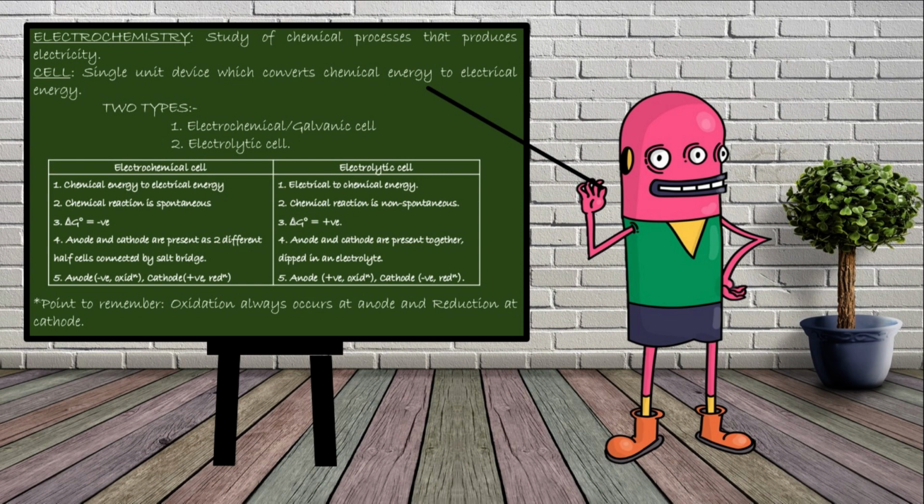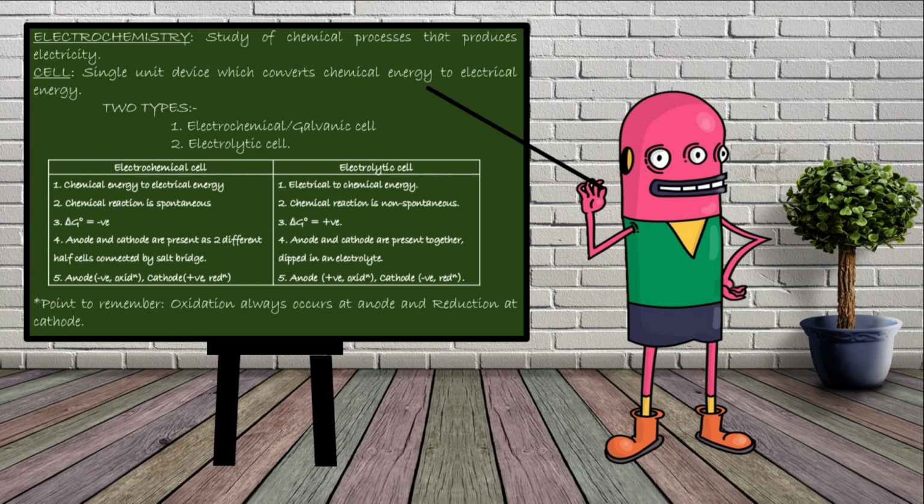This is so because, in an electrolytic cell, we provide electricity as the input for which the chemical reaction is happening. Which means that the chemical reaction is not happening on its own. For a spontaneous reaction, delta G value, that is, Gibbs free energy, is negative. But, for a non-spontaneous reaction, Gibbs free energy is positive.